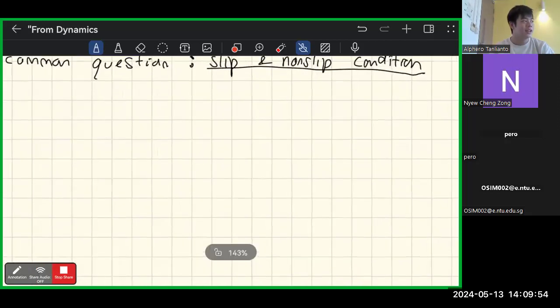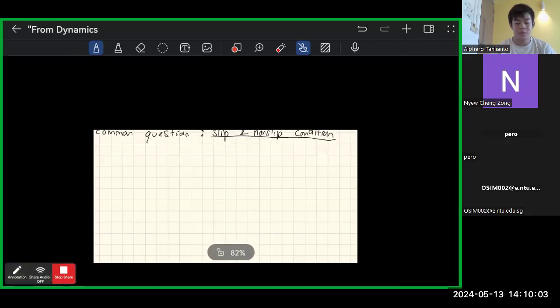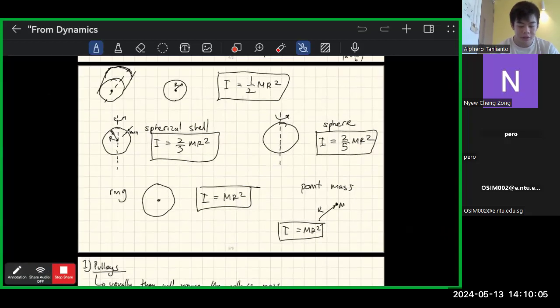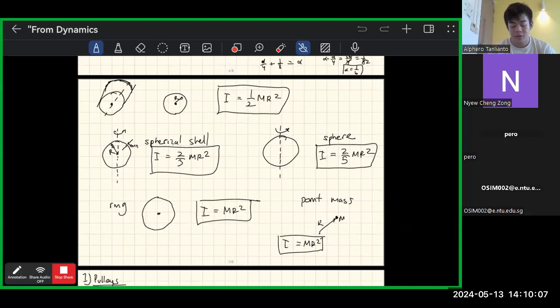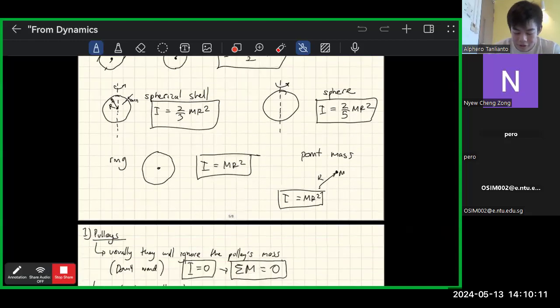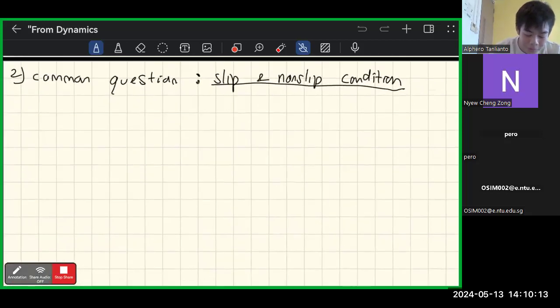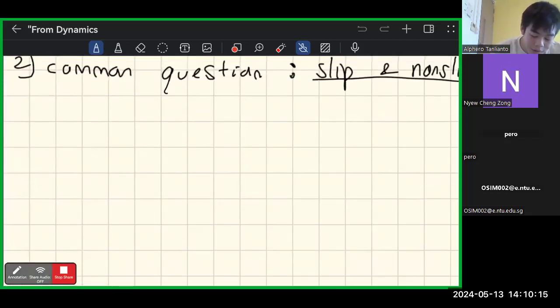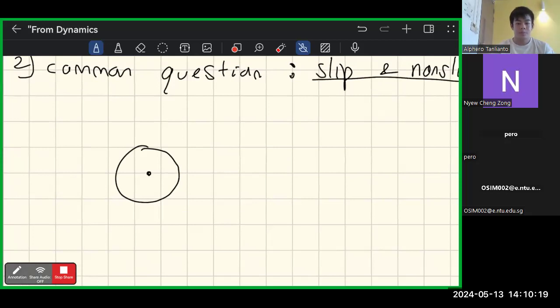Usually we use this problem with any other kind of circular object, maybe a ring, a spherical shell, a sphere, or a cylinder. Mostly it relates to that kind of thing.